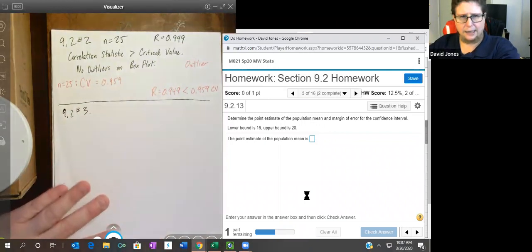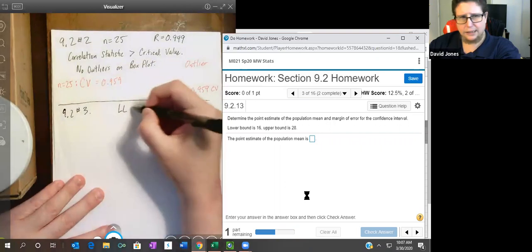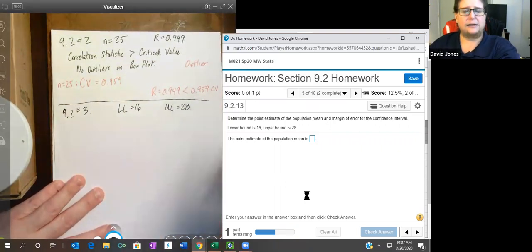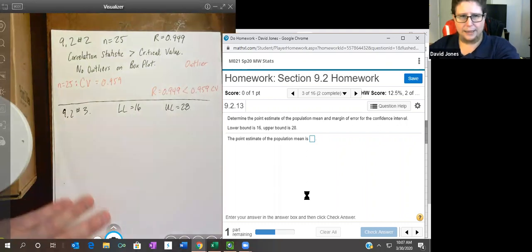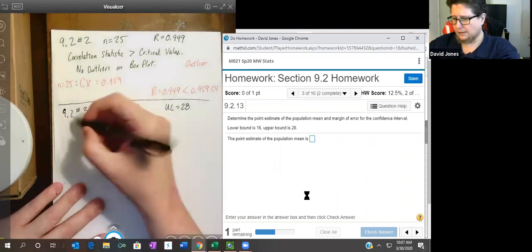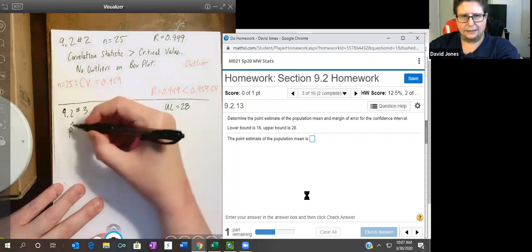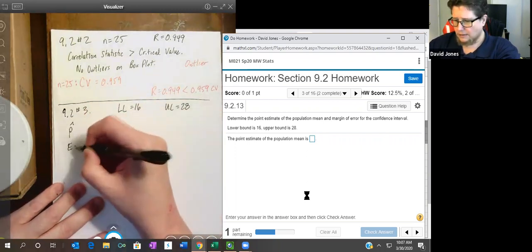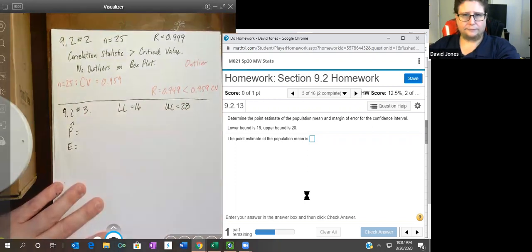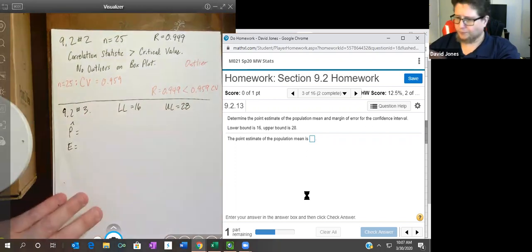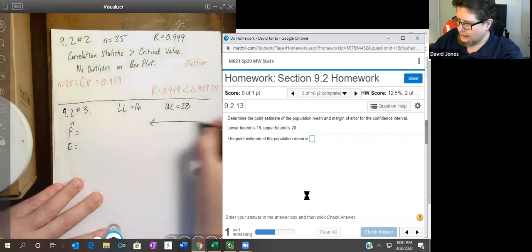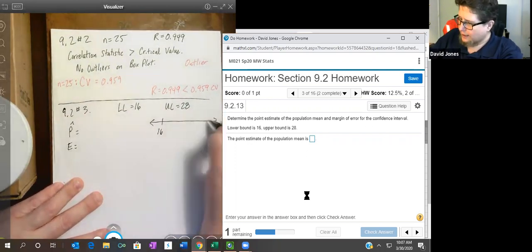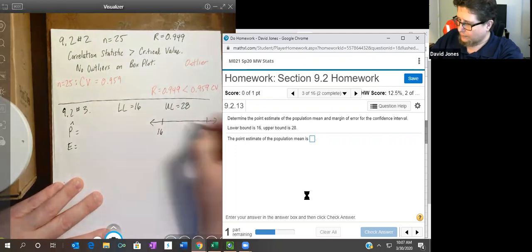They give me lower bound is 16, upper bound is 28. They say determine the point estimate. We want p hat, and we want the margin of error. Remember, p hat is always directly between the lower limit and upper limit.